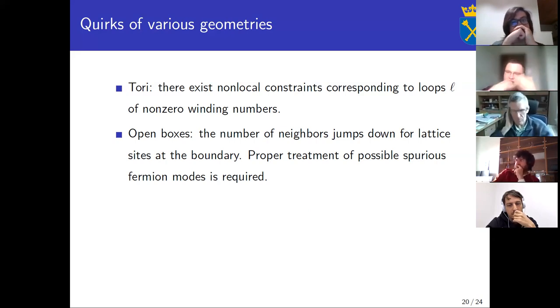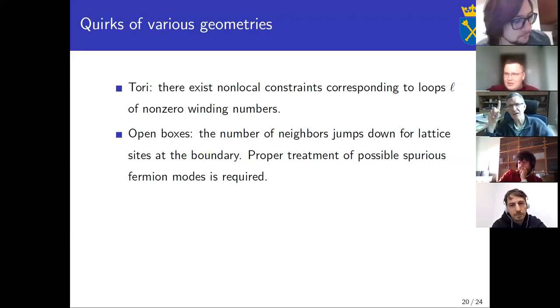And therefore this relation that the number of neighbors has to match the number of fermions may be violated at the boundary, and you can identify some spurious modes which live at the boundary. So there are some, so to say, edge modes that appear, but they can be treated, but one has to be aware of them.